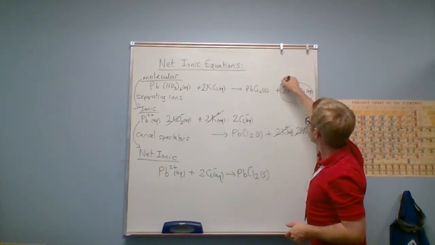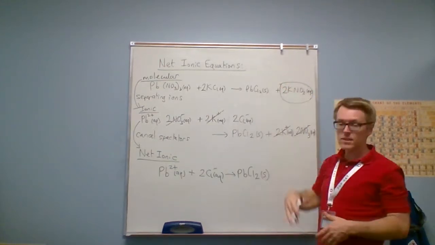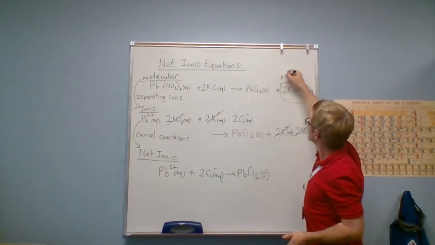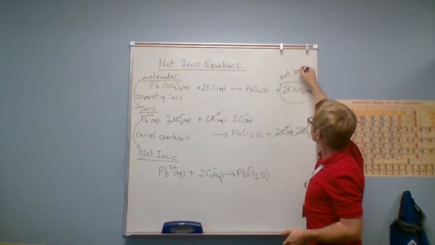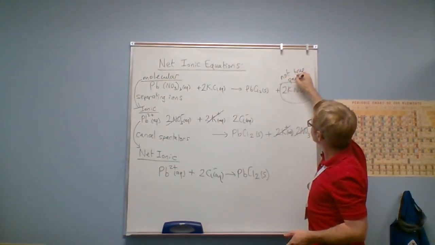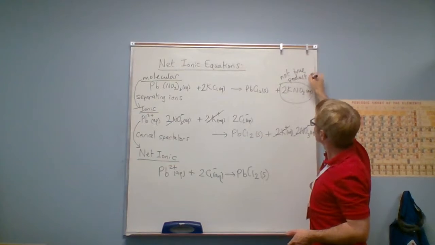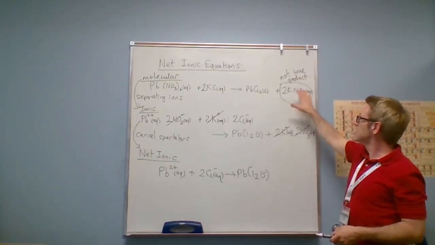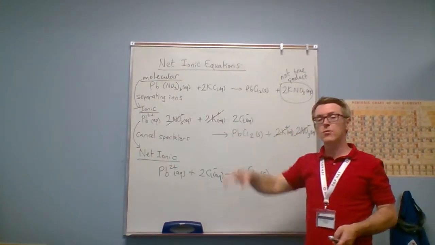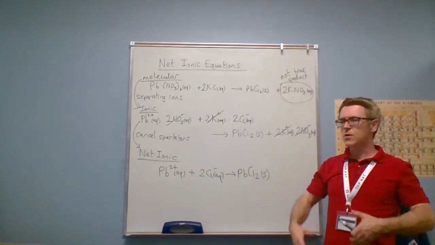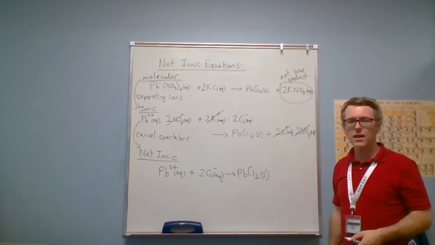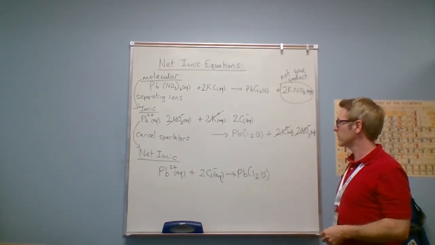So although you add this to conserve mass, this is not a true product because it exists in an identical form as a reactant. So it's just stuff that's neither nor, it's a limbo type chemical.